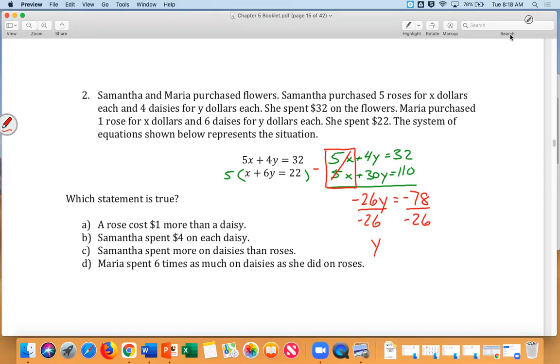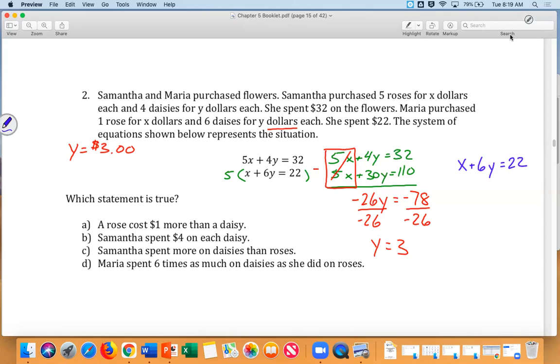And I get y equals what? 3? So I got y equals 3. So y equals $3. Because remember, we're talking about dollars. Now, since y is dollars and I need x for the cost of the roses, I'm simply going to just pick that bottom equation.